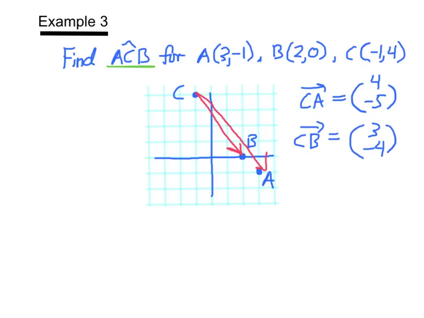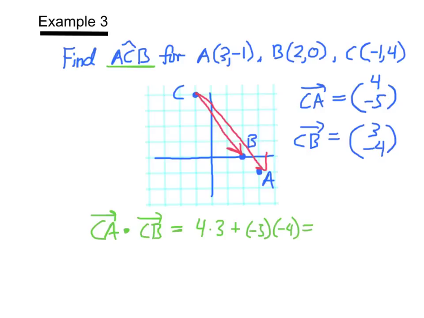We're going to use CA dot CB, which is equal to the x component of the first vector, which is 4, times the x component of the second vector, which is 3, plus the y component of the first vector, which is negative 5, times the y component of the second vector, which is negative 4.